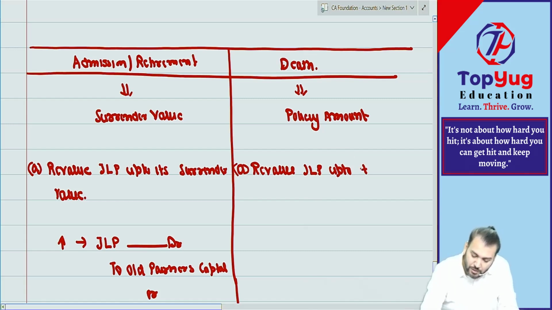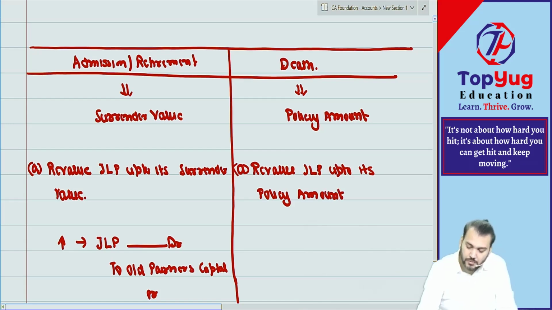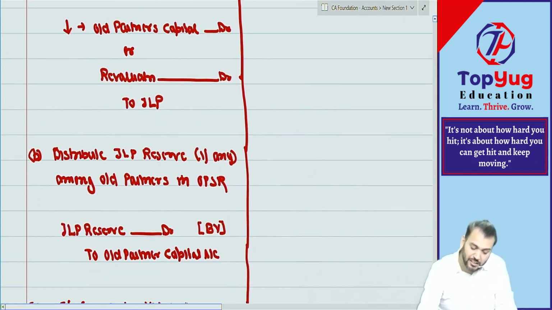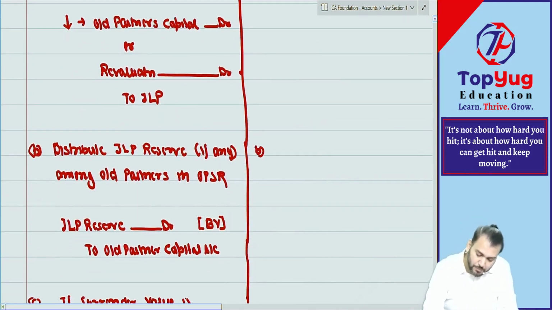Journal entry, write it down, homework. Journal entry remains same. Point number B: distribute what?